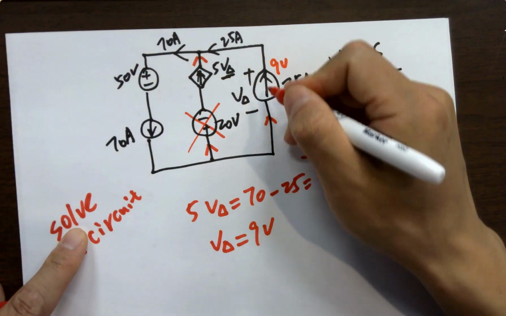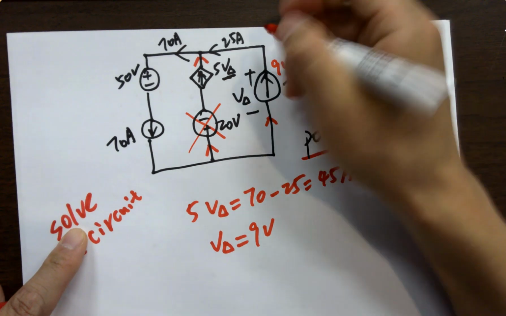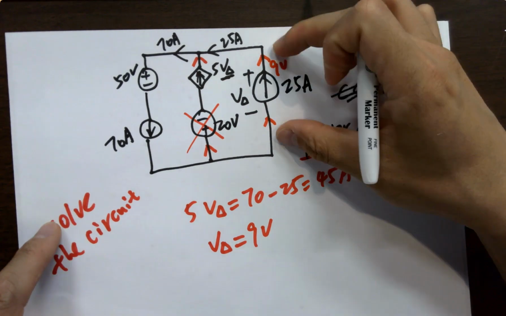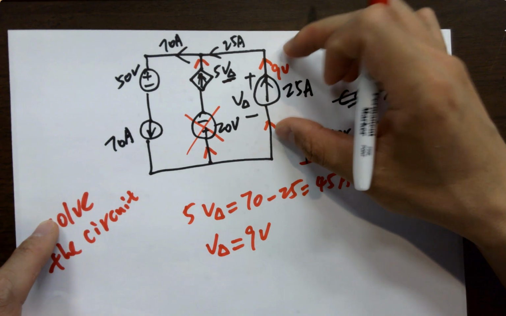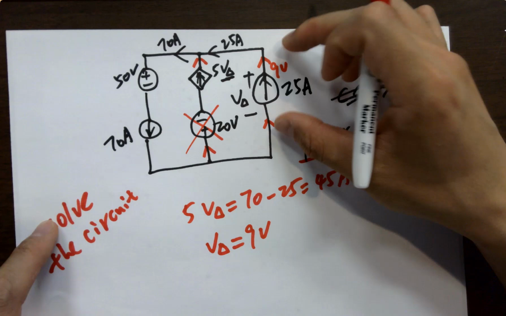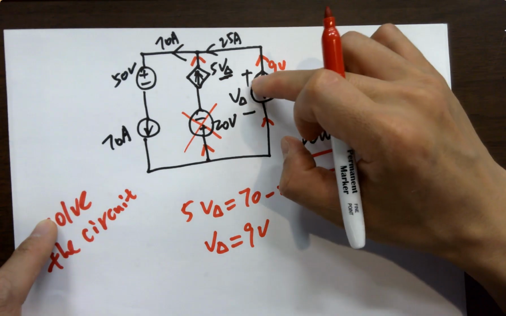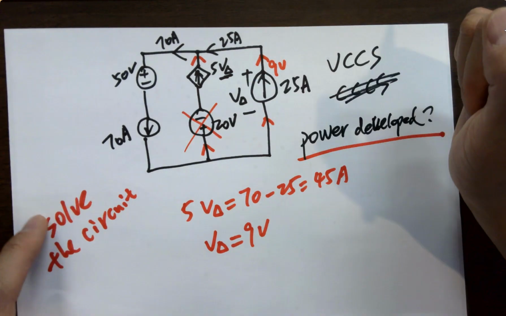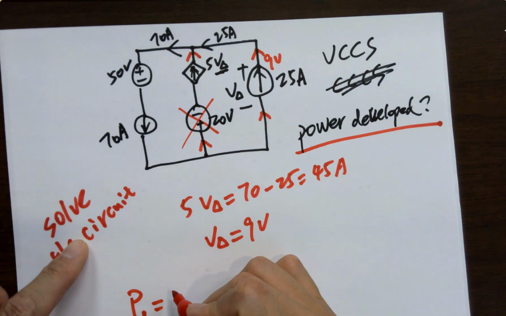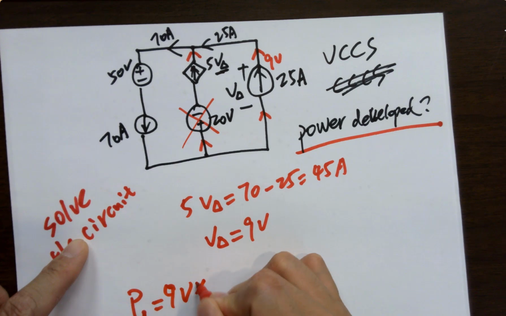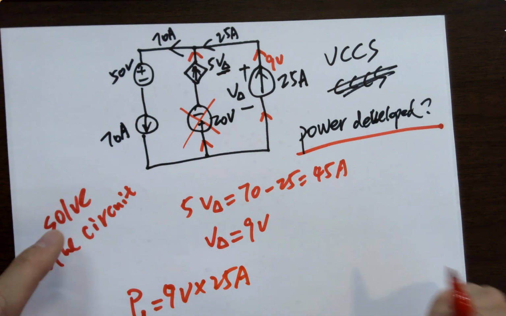Okay, so it's going into the cathode and coming out from the anode, even though it's not the voltage source. However, is this source developing or absorbing? Developing, right? Because it's going out from the anode. All right. So now you've got P1, which is this guy. It's going to be 9 volts times what? 25 amps. That's the first power you have.